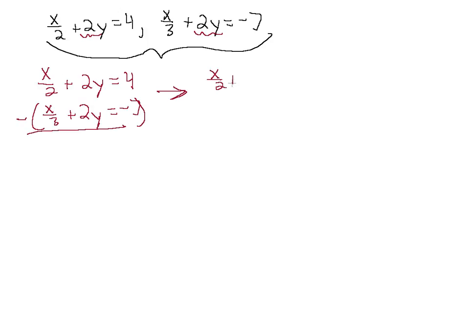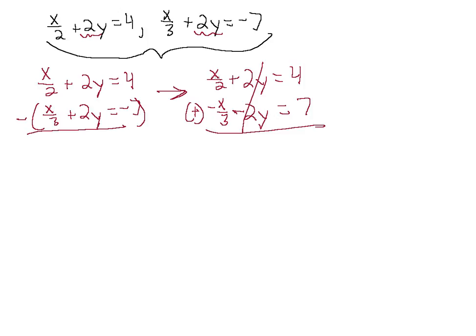So we have x over 2 plus 2y equals 4. We're going to distribute this minus sign, so we're going to add the opposite. The opposite of x over 3 is minus x over 3. The opposite of plus 2y is minus 2y. The opposite of minus 7 is a positive 7.